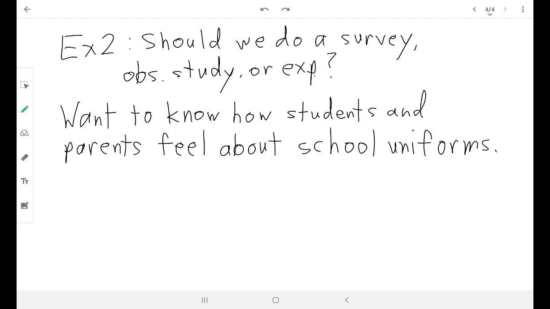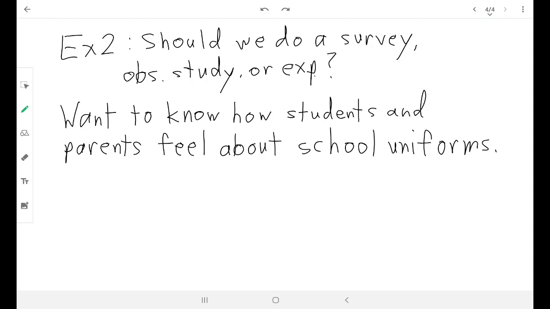So if this question were that we asked half the kids in a school to wear a uniform and tell the other half that they don't have to, and then we asked parents and students after a semester or a quarter how they liked the uniforms, that would be an observational study.